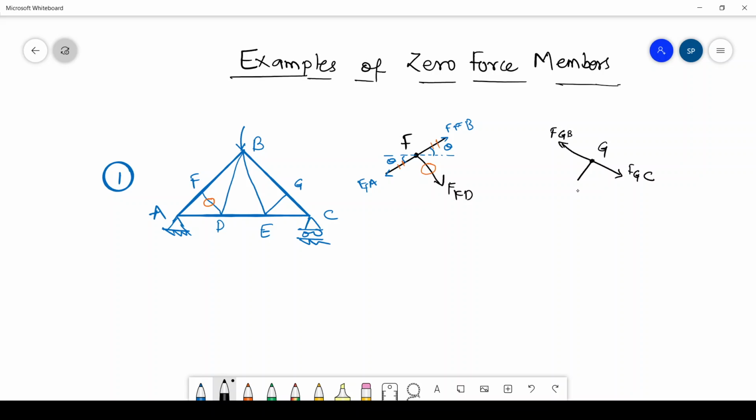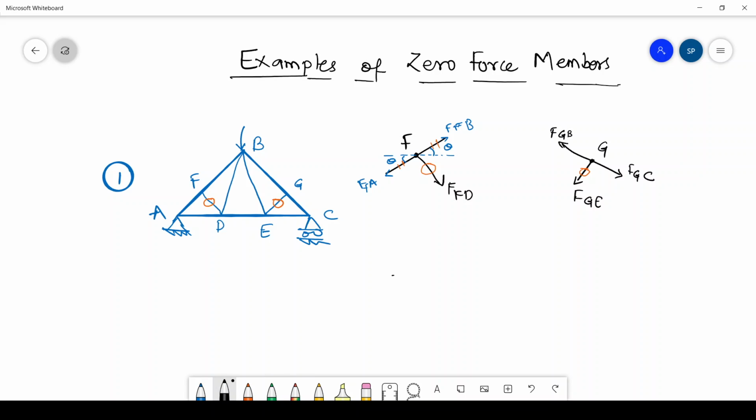At the same time force along GD will be going to 0. So this force GD is 0. Right? Now once these two member forces are 0, then you can come to joint D.